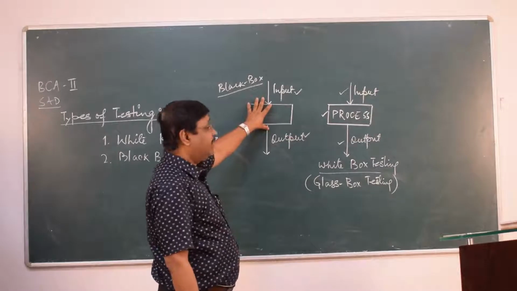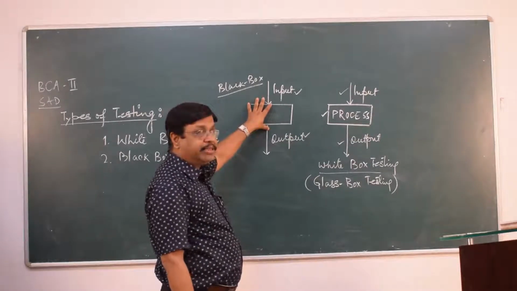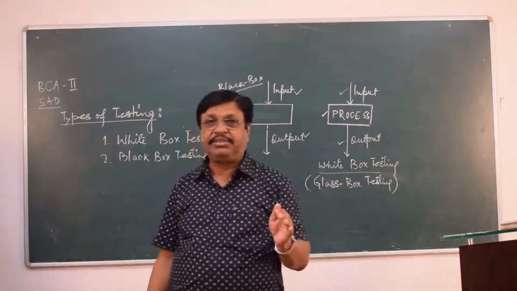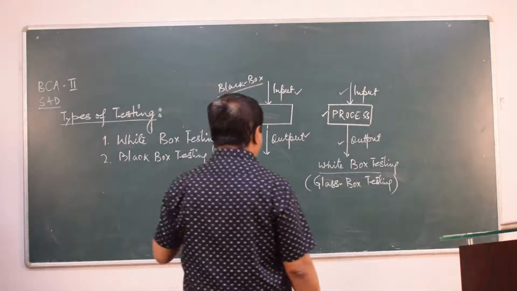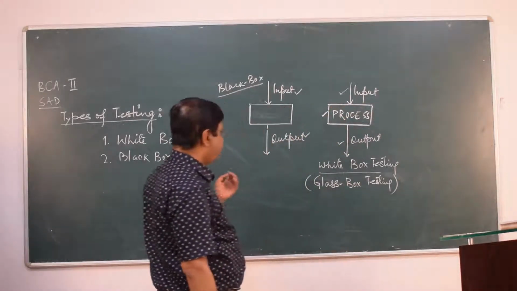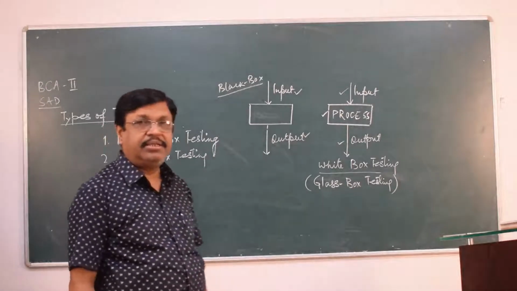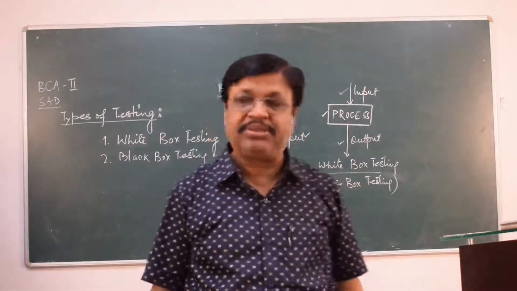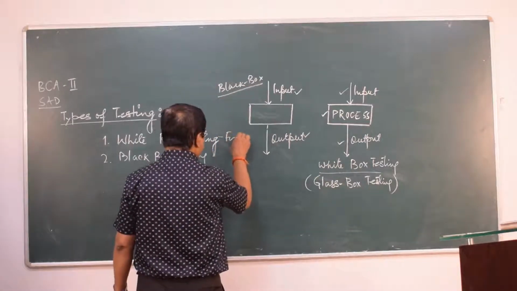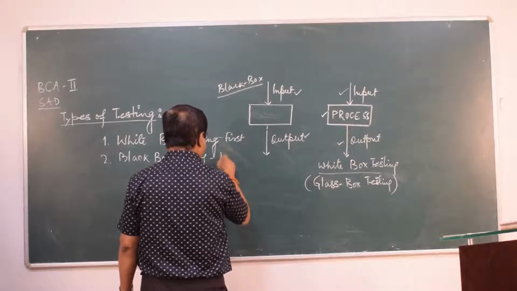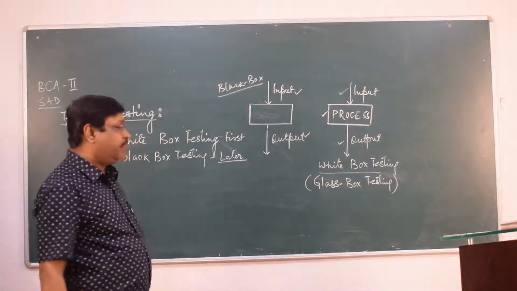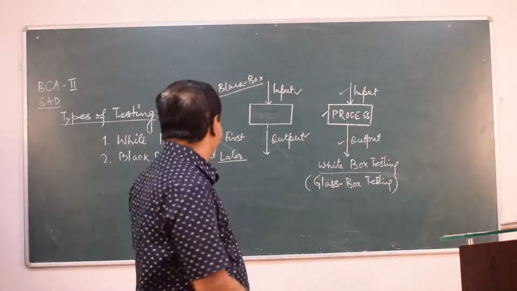In black box testing, we don't test the process, whereas in white box testing, along with the input as well as output we also test the processes. Which one is performed first? White box testing is performed first, whereas at the later stage we perform the black box testing of the software.